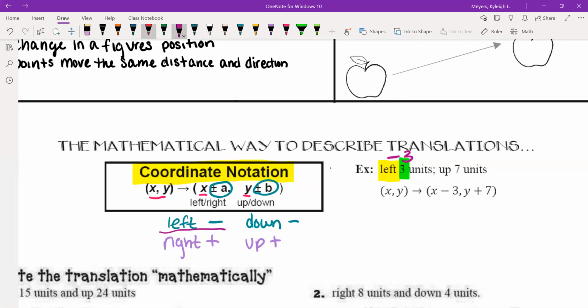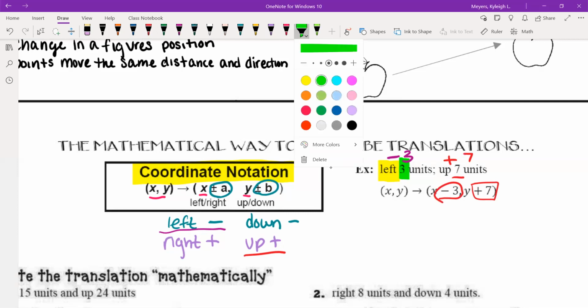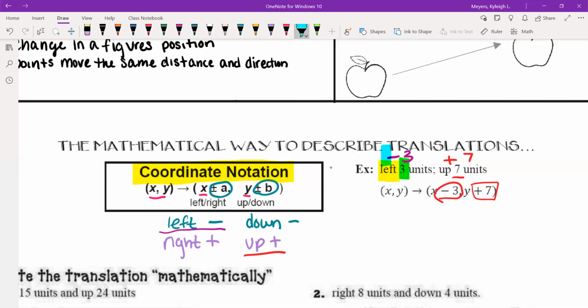It's going up. Up is adding. It's going up 7, so we should be adding 7. So that's where we get this minus 3 and this plus 7 from. I would probably write this top part each time you do it. That's just an easy way, that's what I do.